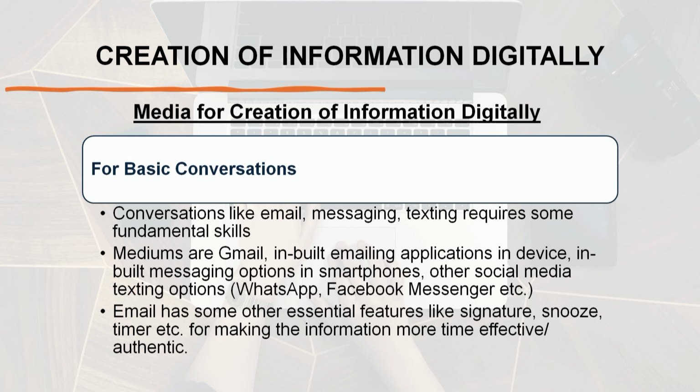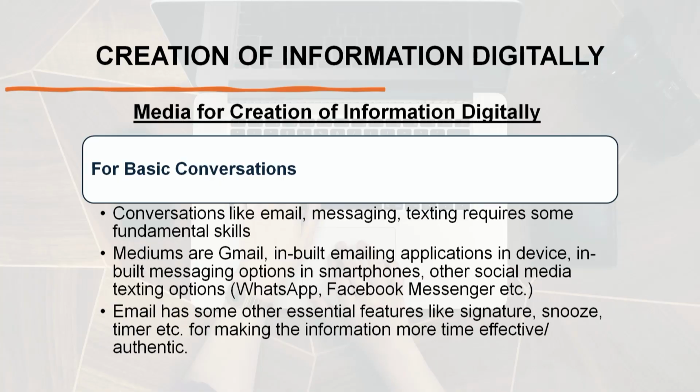So for basic conversations, we can use messages, we can use text, we can use social media options which are there in text, and Facebook Messenger, we can use WhatsApp, and all this: writing emails, texting on WhatsApp, texting on Facebook. It is very user friendly, because due to AI, you get automatic suggestions of what you have to write.